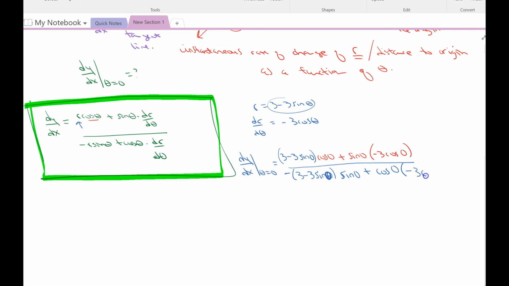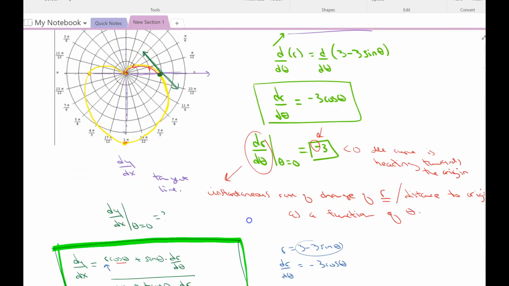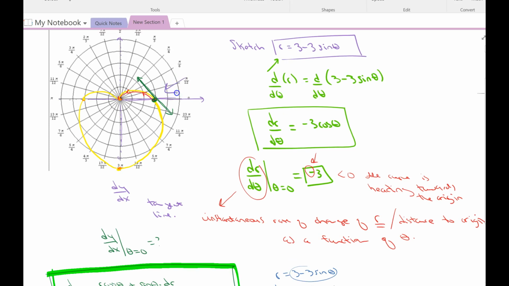And what does this equal? Sine 0 is equal to 0, so all of this is 0, and all of this is 0. So this becomes 3 over negative 3, which is negative 1. So the slope of this tangent line here is negative 1.